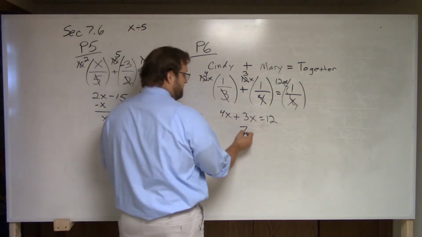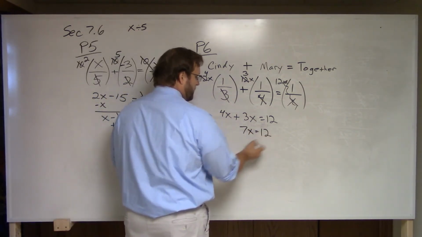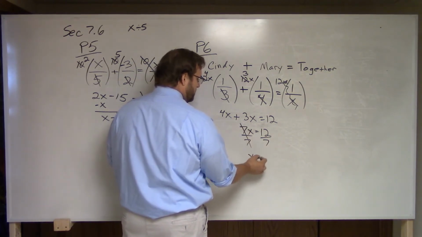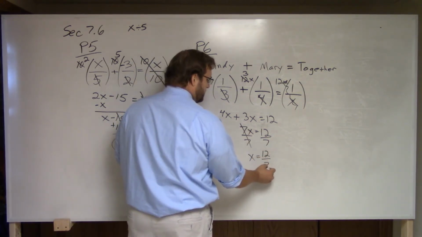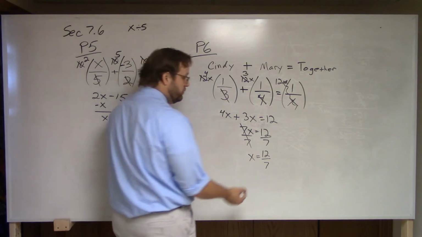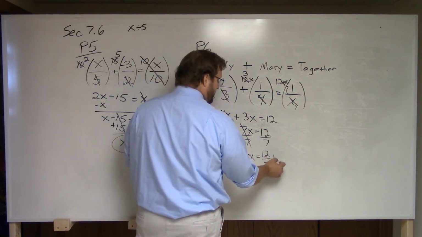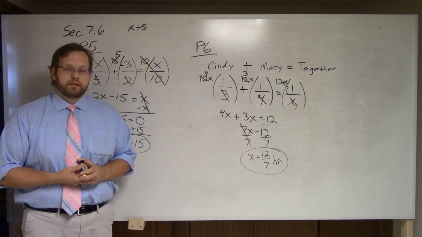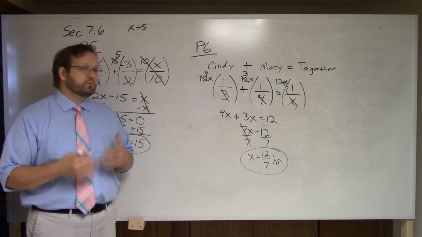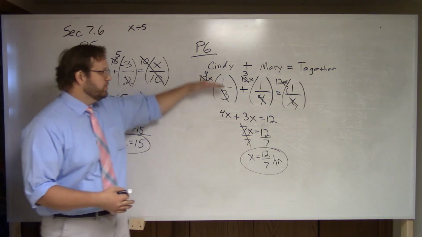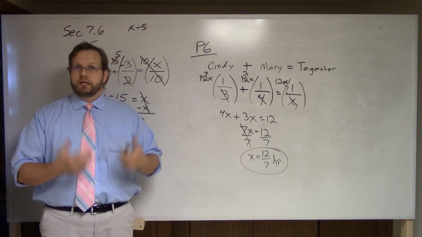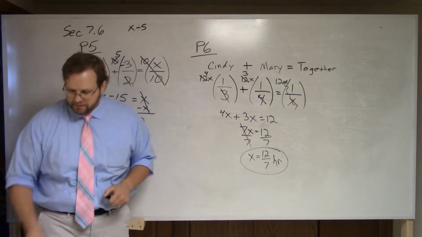Combine. Divide by 7. And leave it as that. What we were looking for is 12/7 hours. Very easy problem once we know the setup. 1 over the time all the way through. That's really all we need to remember and utilize. Okay, let's move on.